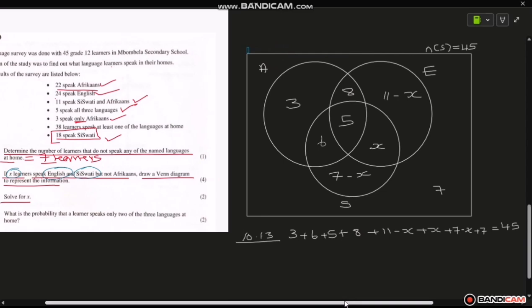So the answer is going to be 47, if I'm not mistaken. So it's 47. These x, they cancel because they have different symbols, equals 45. Therefore, our x equals positive 2. Just work it out, make x the subject of the formula, then the value of x is 2. I hope that makes sense, guys.